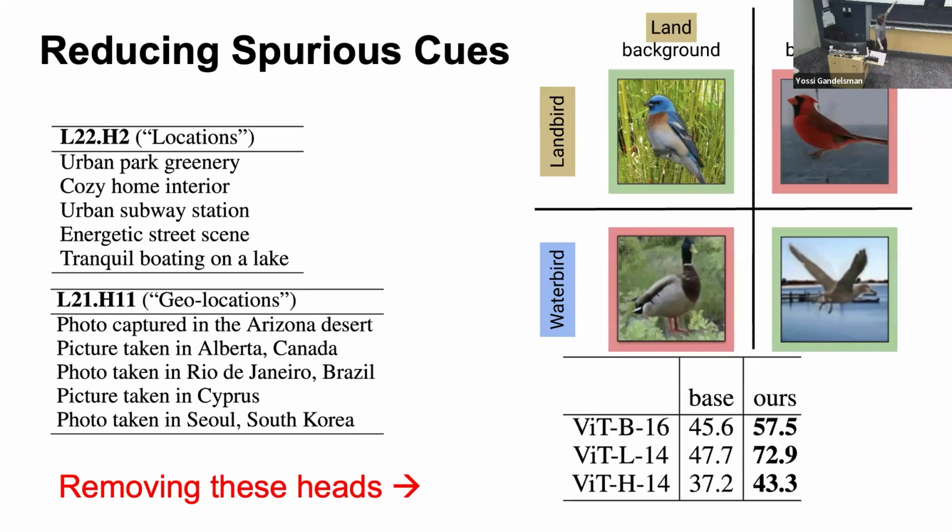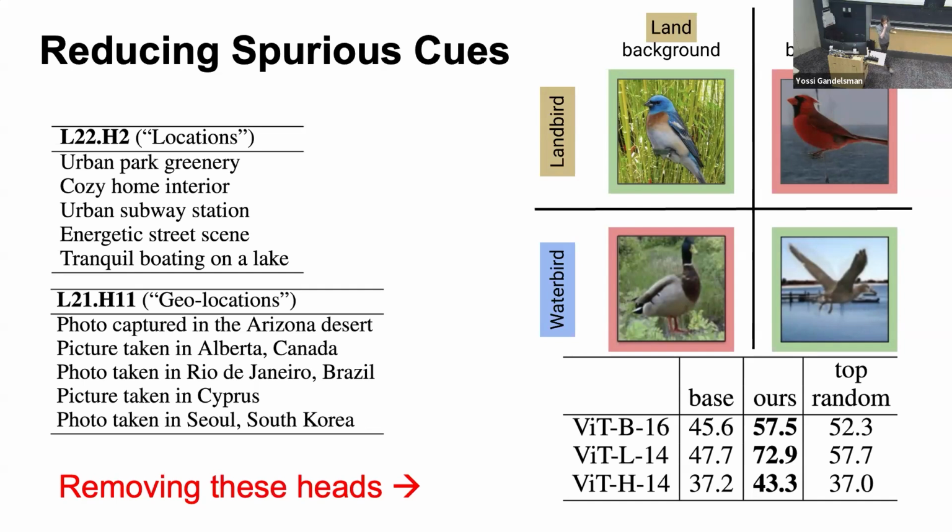And it's not true for one model, it's actually true for different sizes of CLIP model, from ViT base to ViT large to ViT huge, different models. And it's not that you can just remove random heads. Even if you repeat the process, just randomly drop heads, classify, randomly drop heads, classify, and so on, you will never get to the same classification performance. You will improve a little bit because sometimes you will stumble upon one of these heads, but it will not be as good as removing these specific heads.